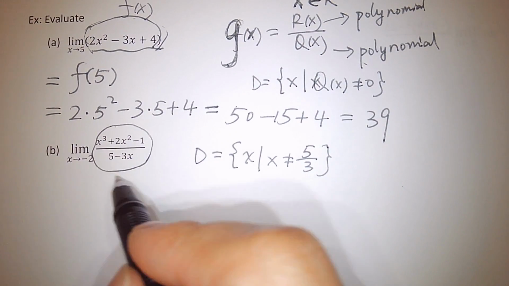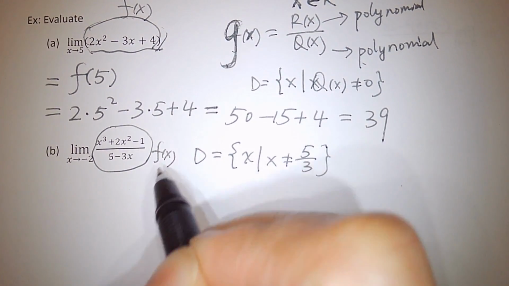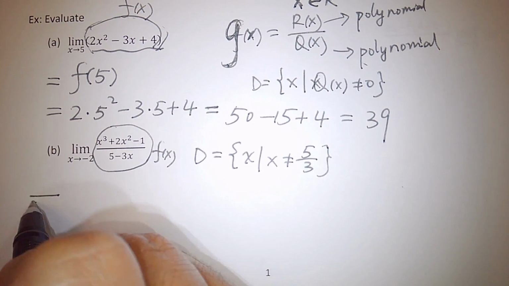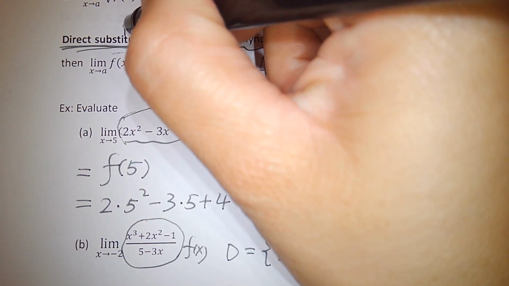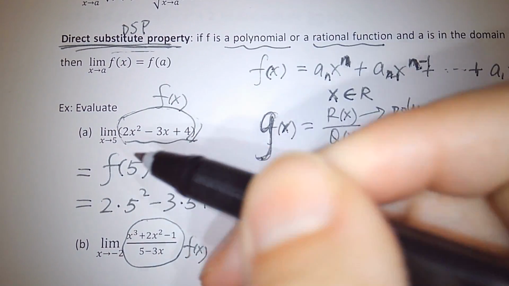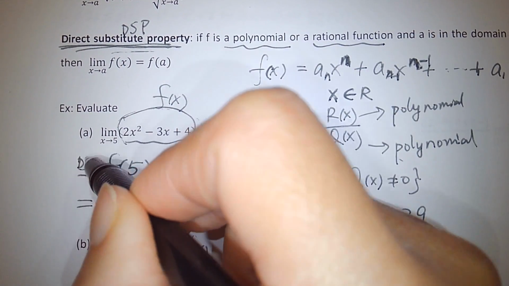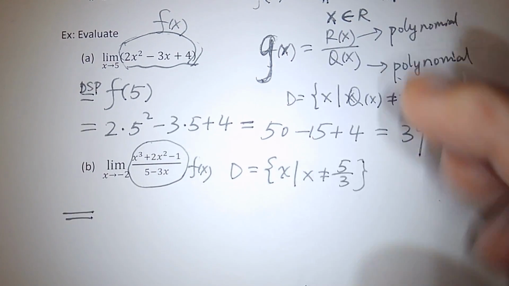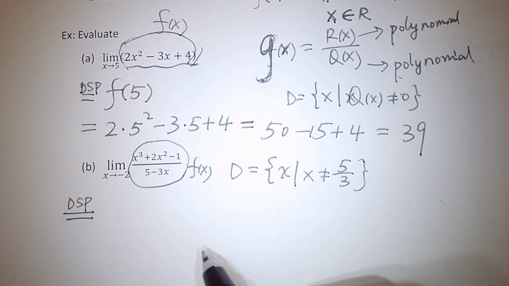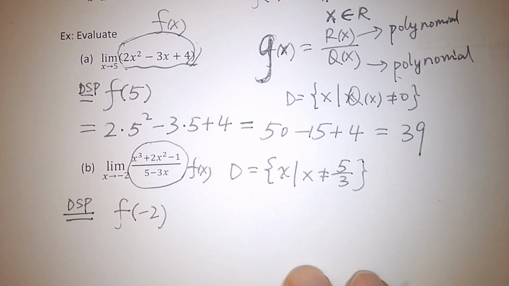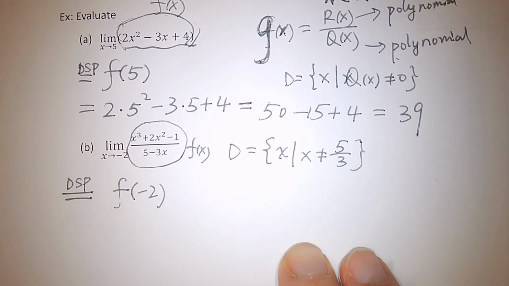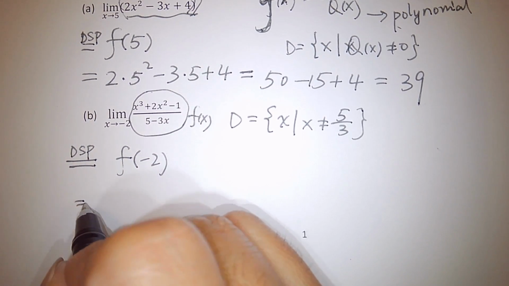Say this is our function f of x. By using the direct substitution property, or you can write it here, DSP, it gives us f of -2. Substitute x by -2.